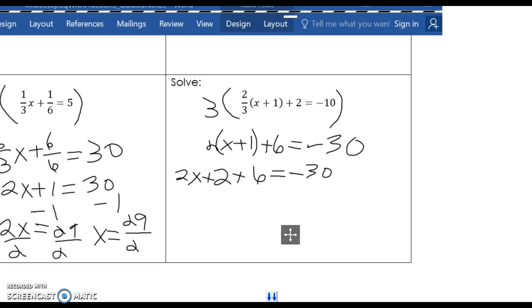Distributing the 2 gives us 2x plus 2 plus 6 equals negative 30. Combine like terms to get 2x plus 8 equals negative 30. Then subtract 8 from both sides.